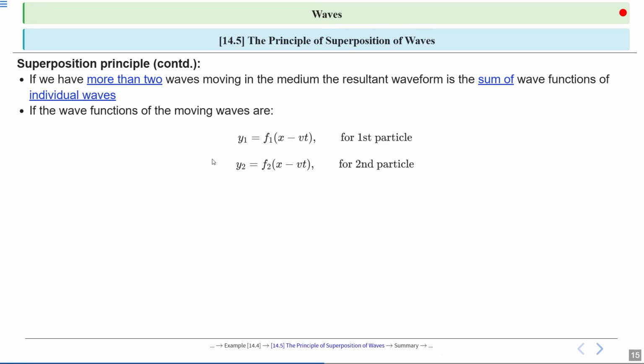Both waves are moving with the same velocity v, but their shapes can be different. So we can extend this idea to any number of waves. For the nth wave, the displacement is yn = fn(x - vt). So the total displacement at any point is the sum y1 + y2 + ... + yn. So this is the essence of the superposition principle for multiple waves.